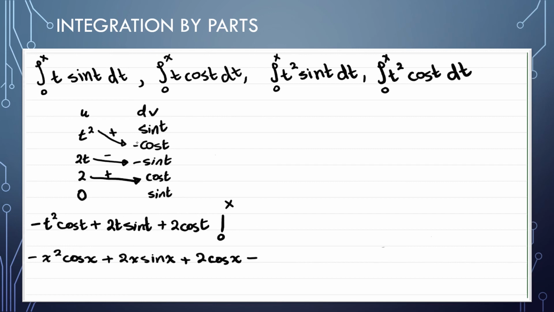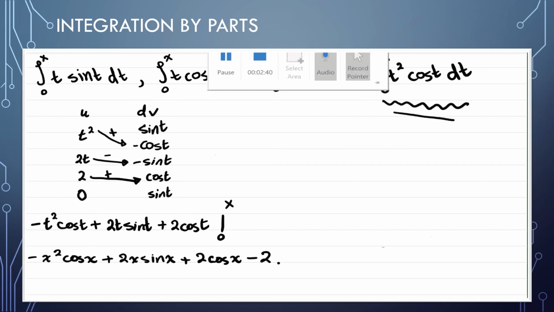The first one will vanish, the second one will vanish, because of here of course t squared and here is t. It will give 0, and the last one cosine 0 is 1, so minus 2. Okay, this is our answer. Do the last one as a homework. Okay, it will be the same, it will be easy.